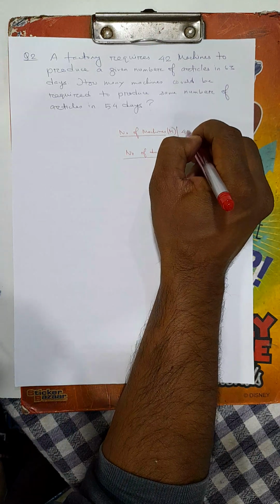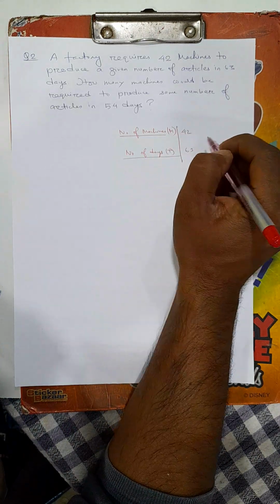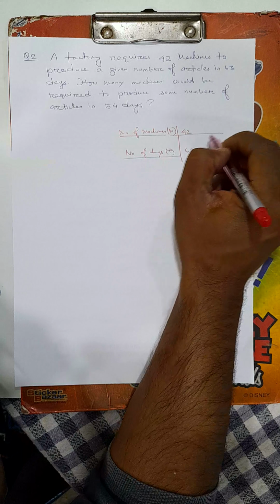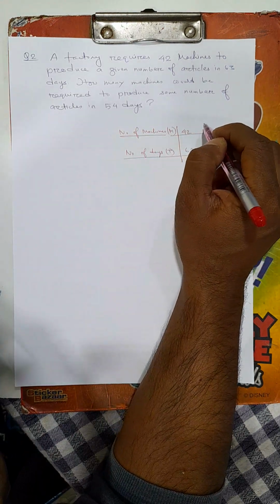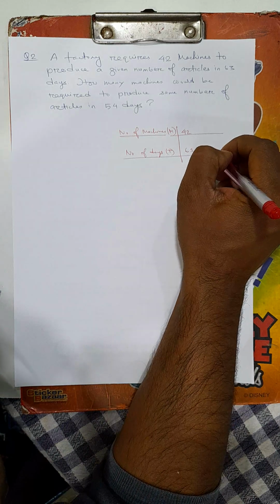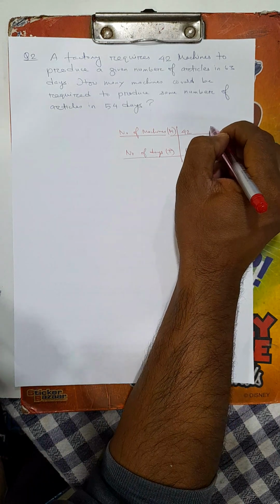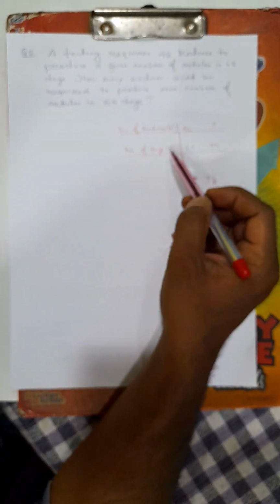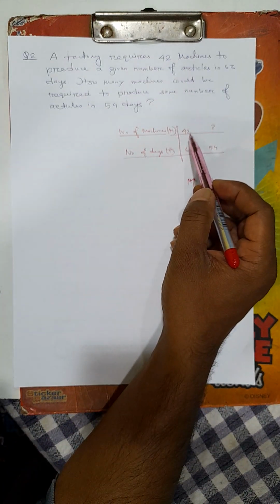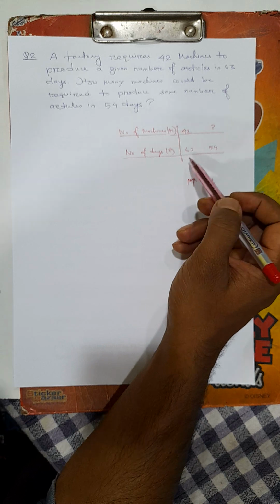42 machines require 63 days. Now to produce the same number of goods in 54 days, how many machines will be required here? If we deploy more machines, time taken will be less.